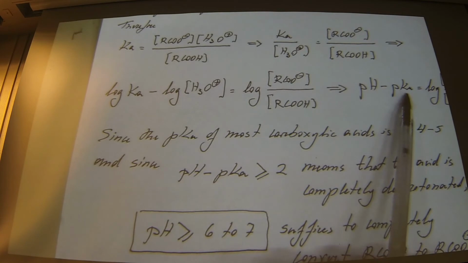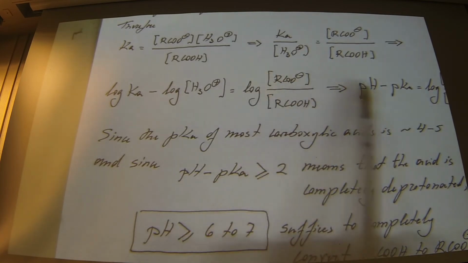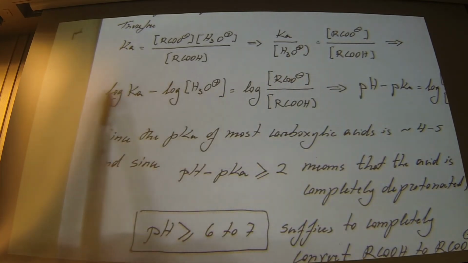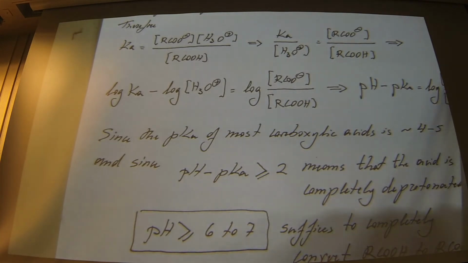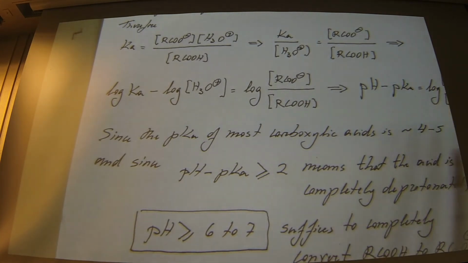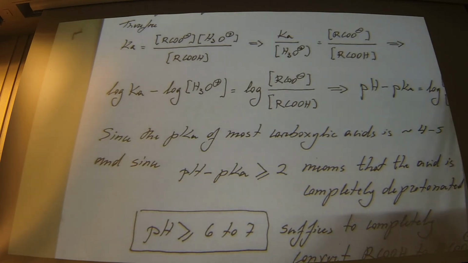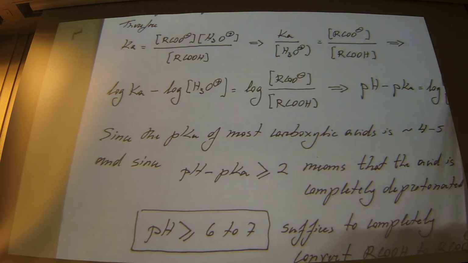So pH minus pKa is equal to this stuff. pH is this, and because this has a plus, that's minus pKa. So pH minus pKa is the log of the ratio that we want, right? The ratio that we want is 100 to 1. And if this is 100 to 1, then that's 100. Log of 100 is what? 2.